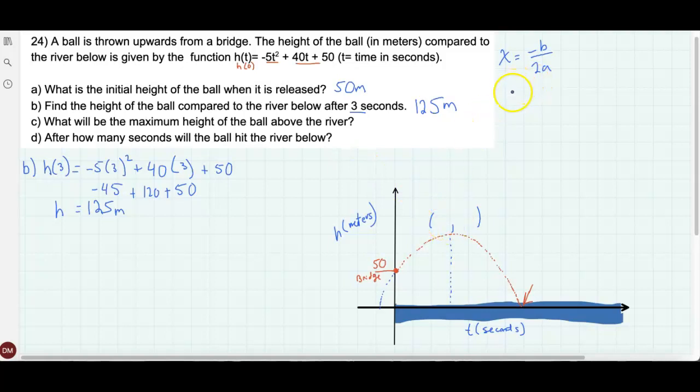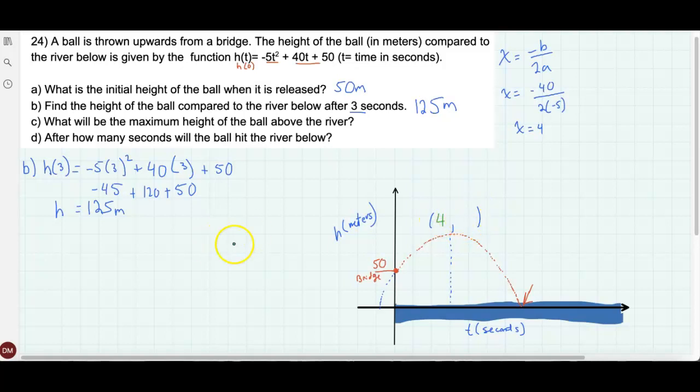So x equals -b, so -40, all over 2 times a, which is -5. So that's -40 over -10. So x is equal to 4. So that's 4 seconds.